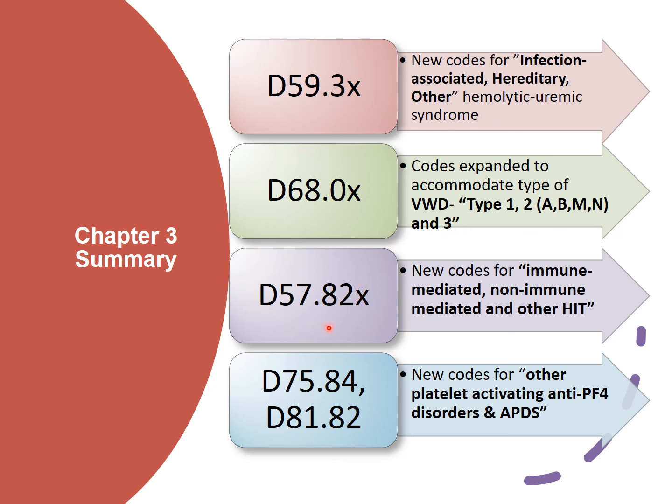D75.82, heparin induced thrombocytopenia. New codes are created for immune mediated, non-immune mediated and other HIT. D75.84, other platelet activating anti-PF4 disorder, and D81.82, APDS, that is activated phosphoinositide 3 kinase delta syndrome. So these codes are created.